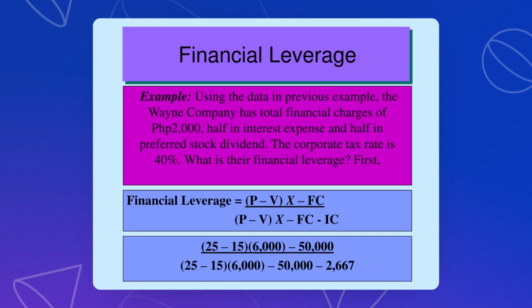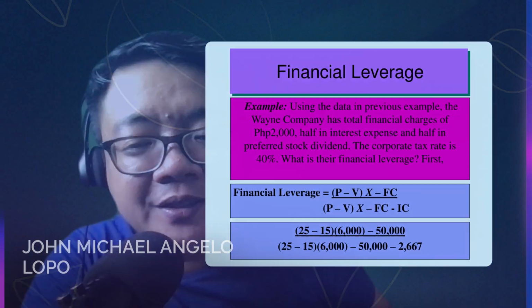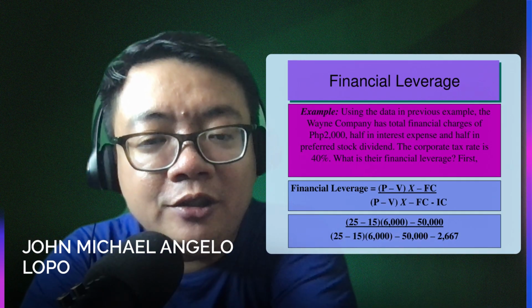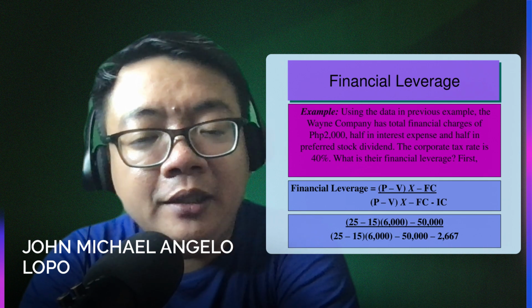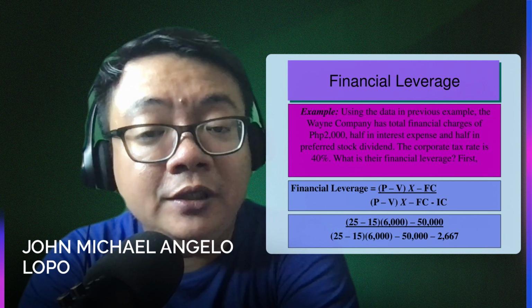Okay. So as discussed a while ago, using the previous example again, if you have 2,000, half in interest expense and half as preferred stock dividends, and the corporate tax is 40%. Again, what is the formula? EBIT minus fixed cost. That's why 25 minus 15 to be multiplied by 6,000 minus 50,000.